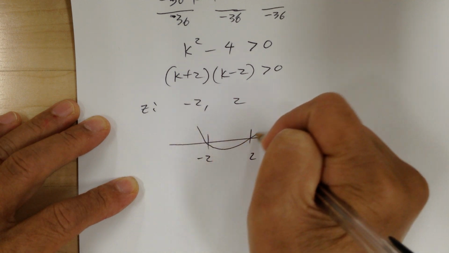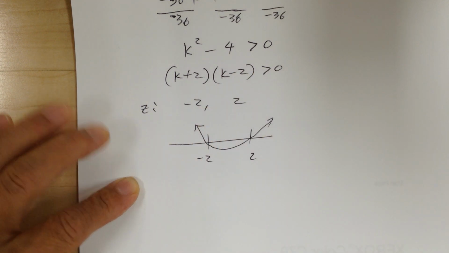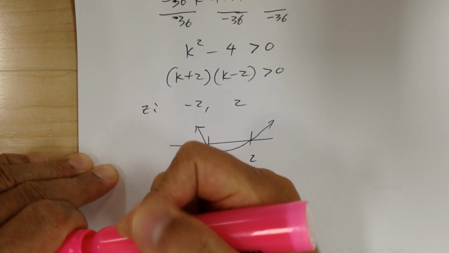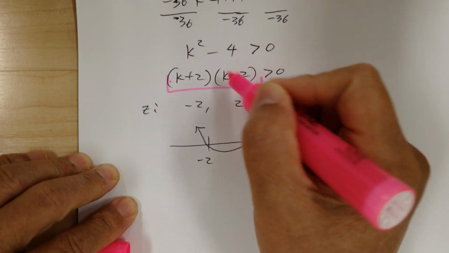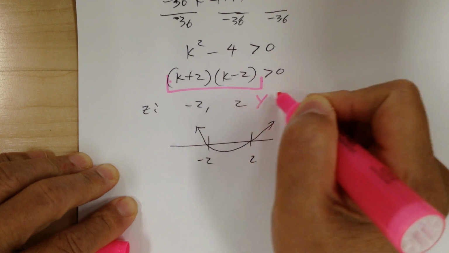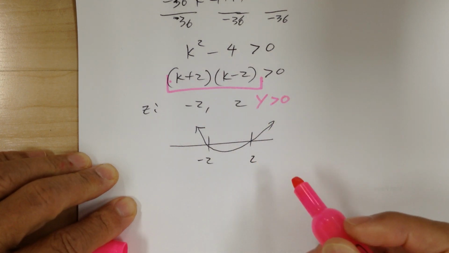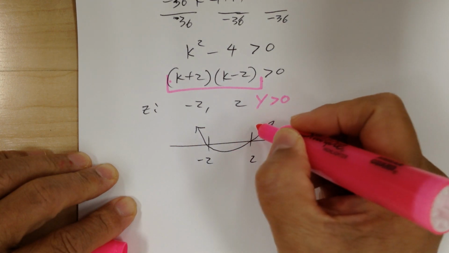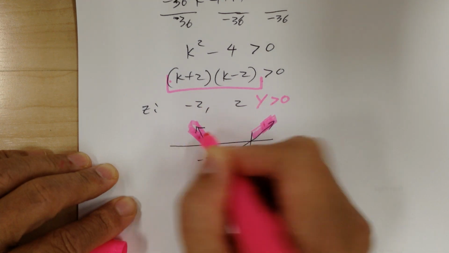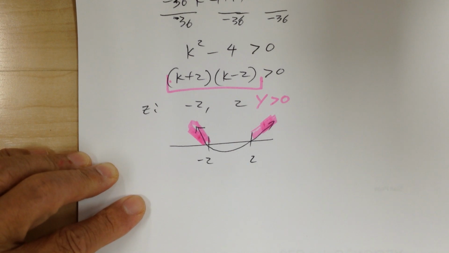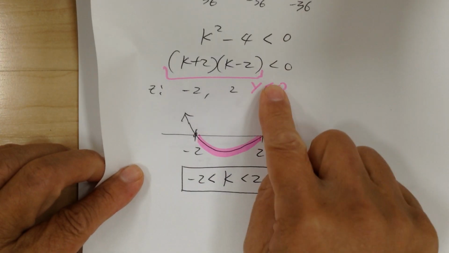Again, your graph's going to look something like this. But again, you have to switch over to y, because y is a function of k. So you're looking at y greater than 0, and the part where y is greater than 0 is this part right over here. Whereas in the previous one, when it's less than 0, it's down here.